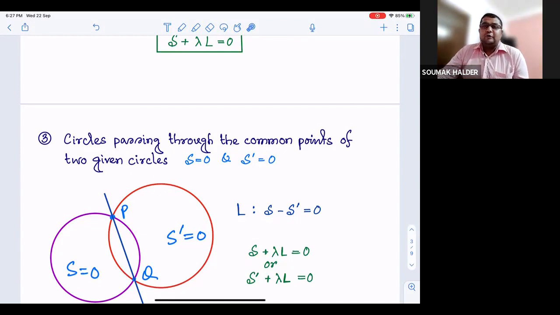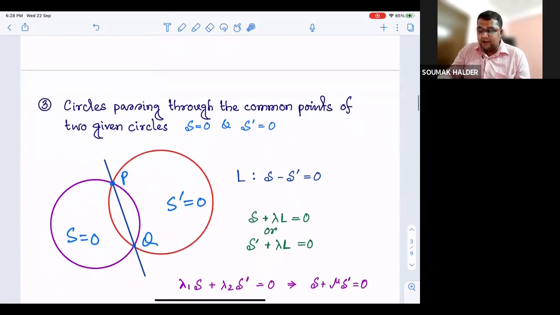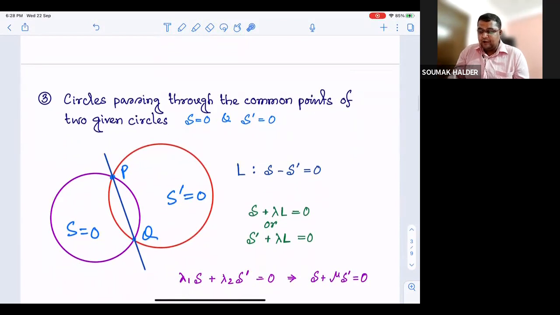Whereas we do also have an alternate choice. Like earlier we have decided, what we are searching is algebraically a second degree polynomial in x and y to be found from the given reference curves. And hence, like earlier also, we can think of a constant combination of the two given circular expressions and equate it with 0.